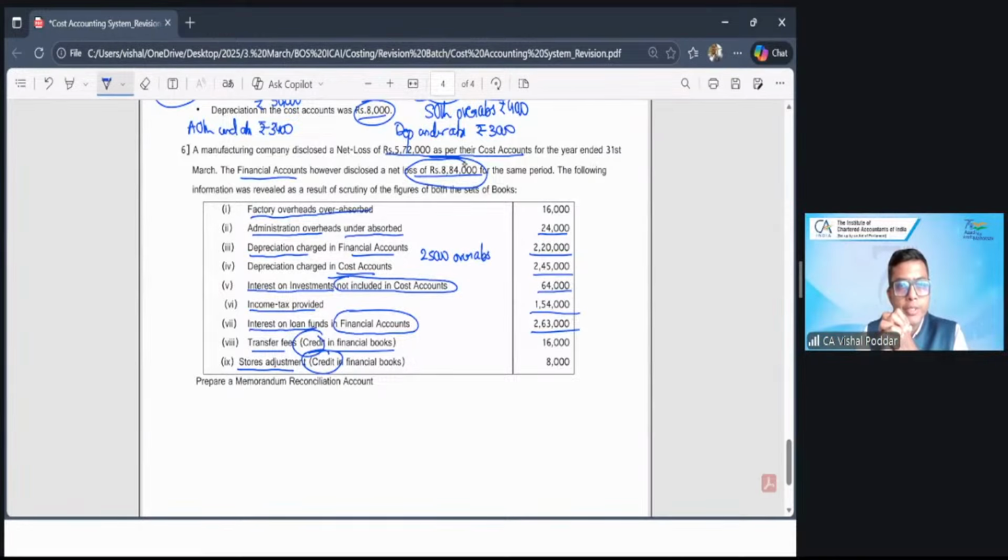Have you understood this? So this is how you will be solving reconciliation sums, both of profit balances or of loss balances, and by both the formats, that is either the statement format for reconciliation or the memorandum reconciliation ledger account format, right?